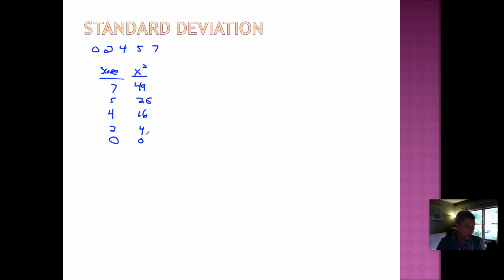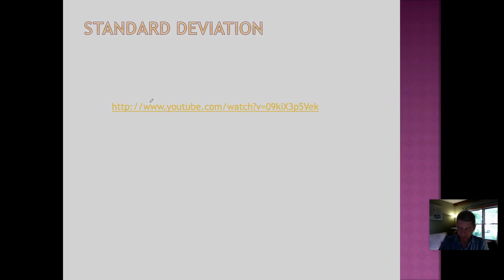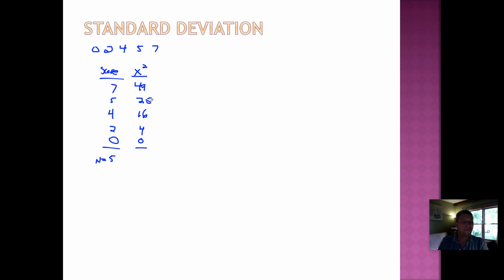Now, the number of scores here is 5, so that's n equals 5. The sum of x squared is 49 and 25 is 74, plus 16 is 90, plus 4 is 94. And there we go.